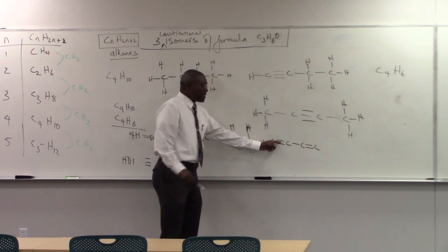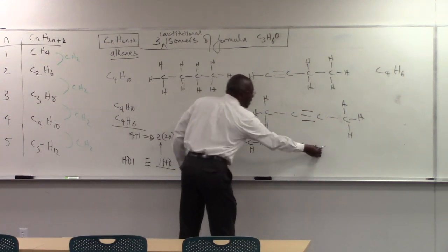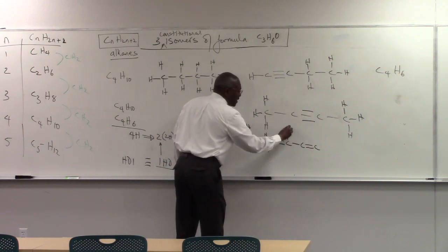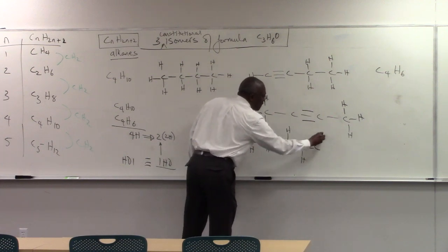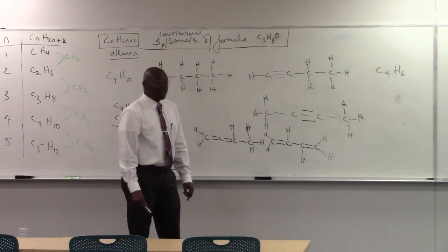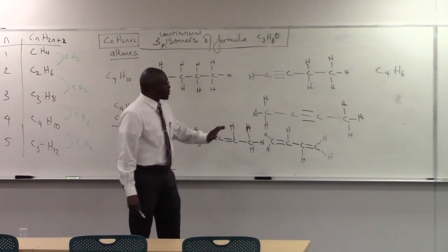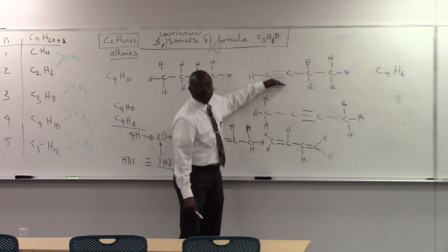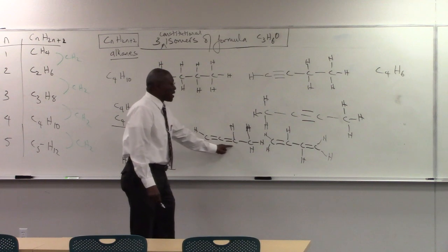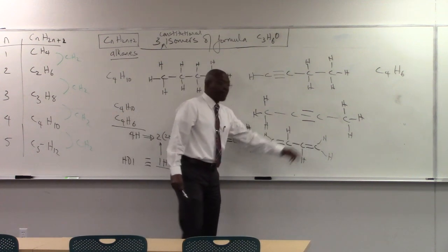What if I put the double bonds this way, so they alternate? Double, single, double. Well, 1, 2, 3, 4, 5, 6. So C4H6 could either be a triple bond, different options, 2 double bonds, different options.